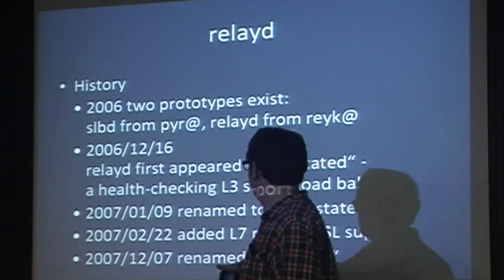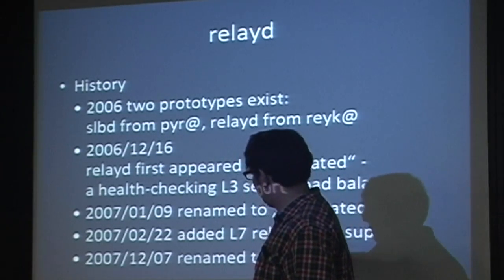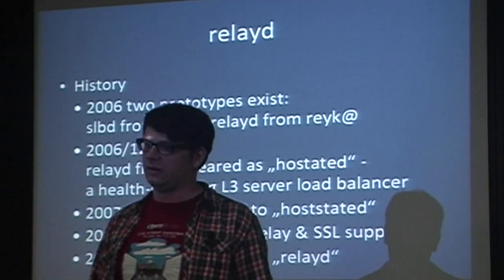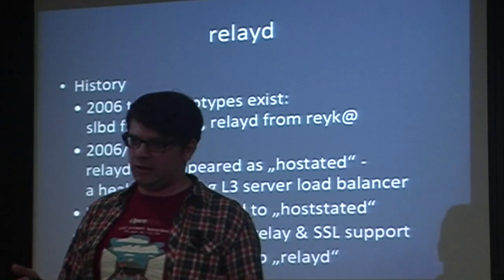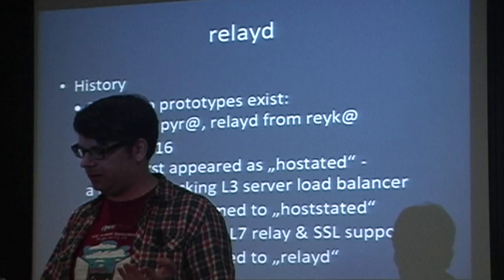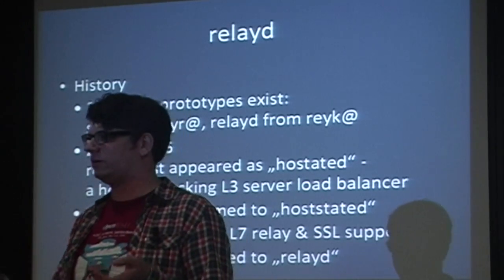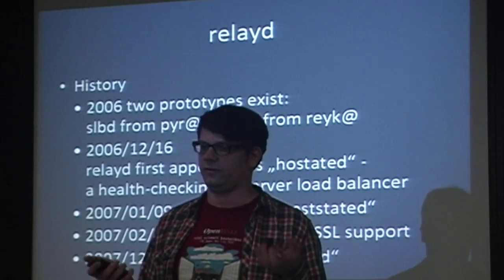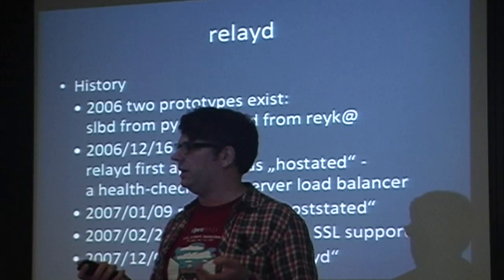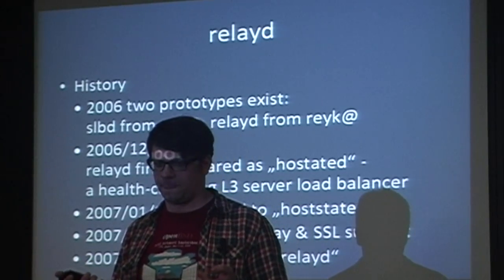I think it was during OpenCon or so, I took the chance to rename it to RelayD, because it was really more about passing data between A and B, and the decision where B is depends on health checks and filters and rules and all kinds of stuff. So RelayD is also a more flexible name because it's really not only about the health checks anymore.